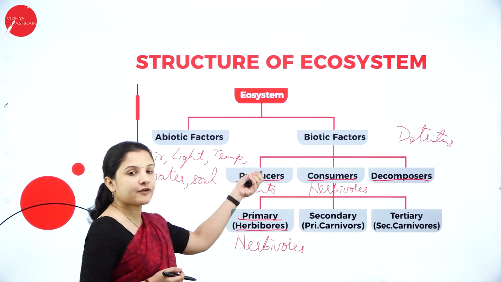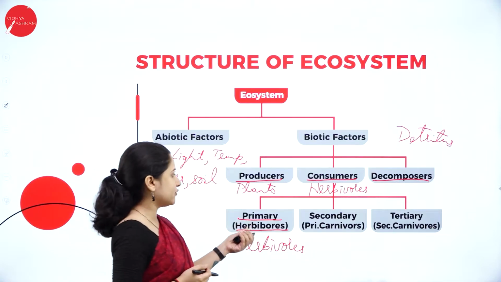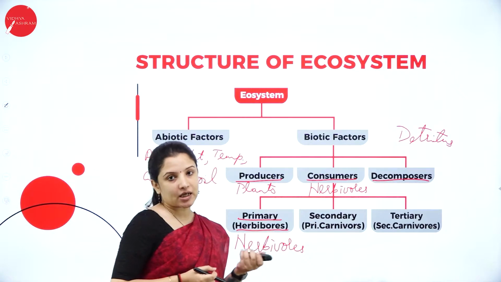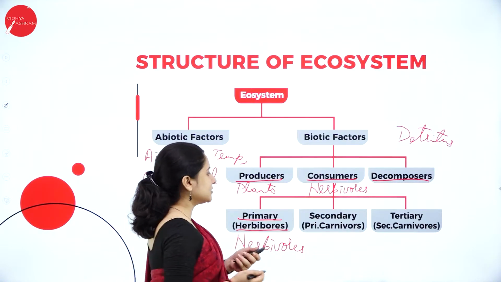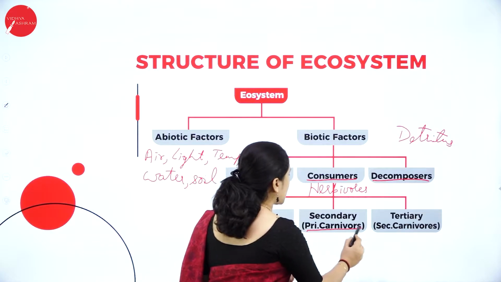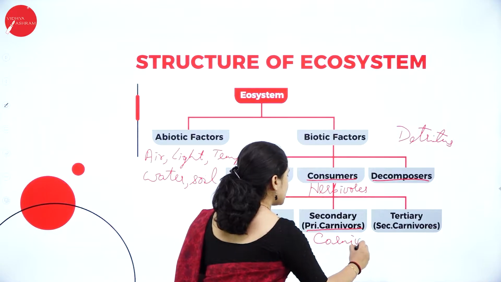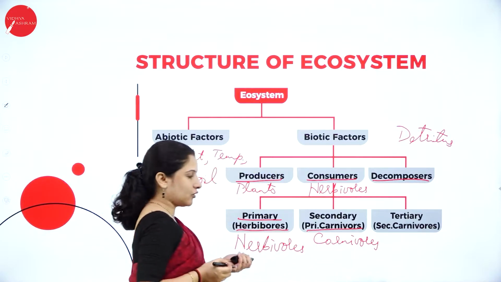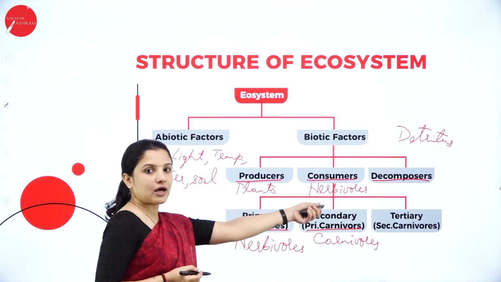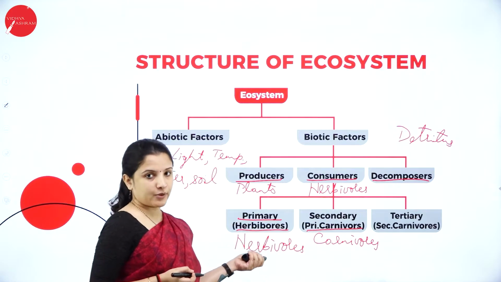So they directly feed on the producers. Next comes the secondary consumers. So the secondary consumers are nothing but the primary carnivores. The carnivores are the ones which actually feed on the herbivores.